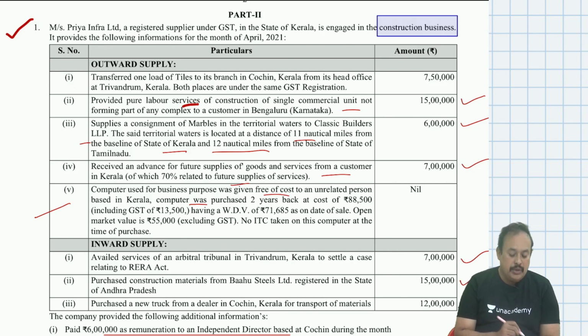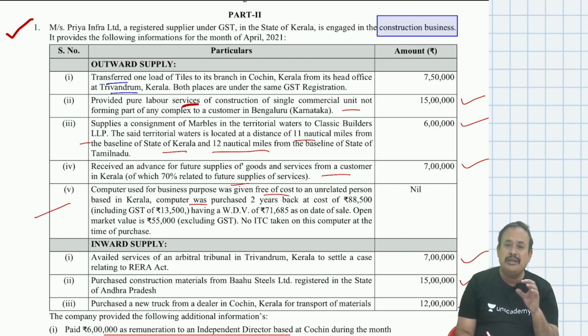If so, first point here: transferred one load of tiles to its branch in Cochin, Kerala. They are basically in the state of Kerala. They transferred to their branch in Cochin within the same state from its head office Trivandrum, Kerala. Trivandrum, Kerala; Cochin also in Kerala.